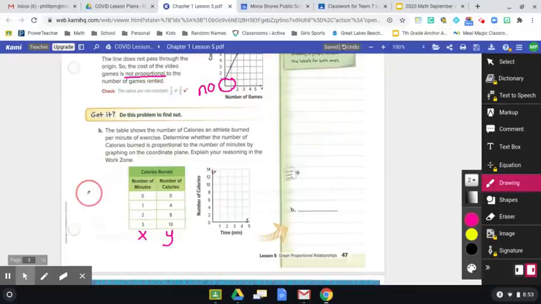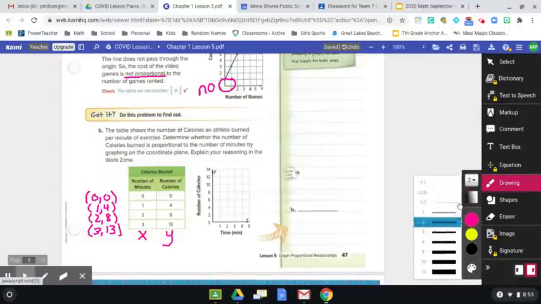As coordinate points, this first one is 0, 0. The next one, 1, 4, 2, 8, and then 3, 13. So let's graph these.